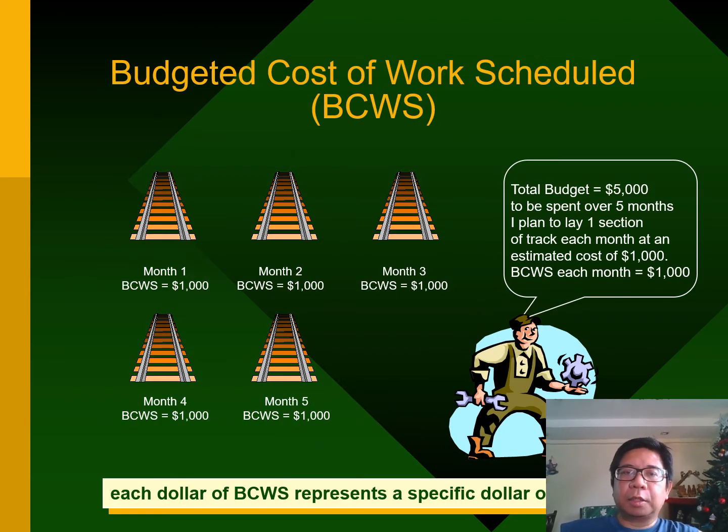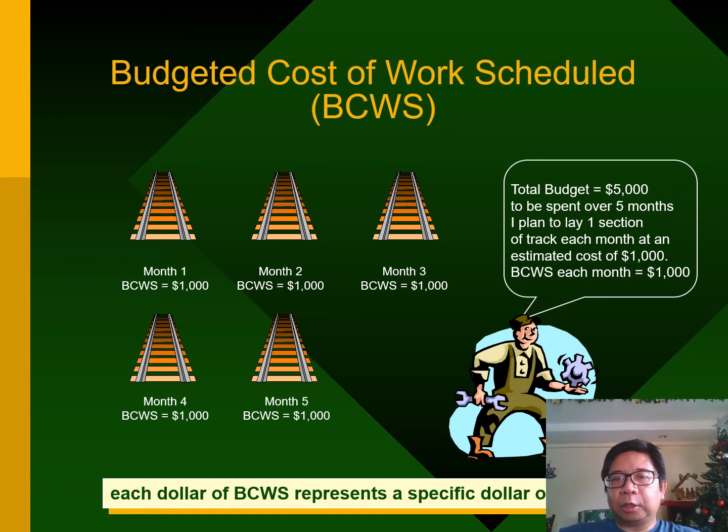Okay, the next term is the budgeted cost of the work that I schedule. Now, in order to understand this, you have to look at it in 2 chunks. The first chunk is the budgeted cost. The second one is the work schedule. So let's tackle the work schedule first.